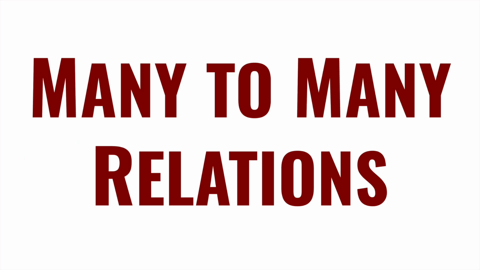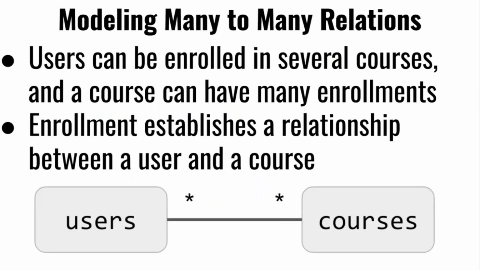All right, so let's talk about implementing many-to-many. Many-to-many means that you have lots of instances of one type of object that are related to many instances of another type of object, right? In our particular case, our use case is that we have many users that are related to many courses.